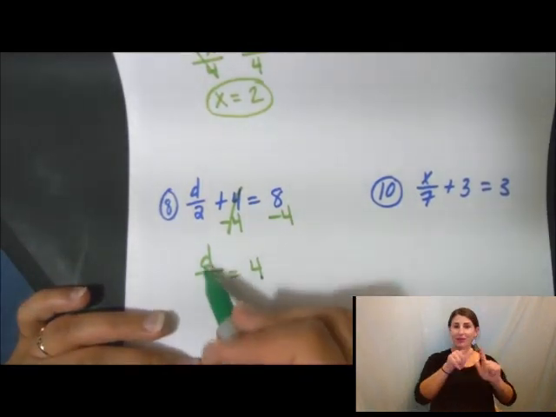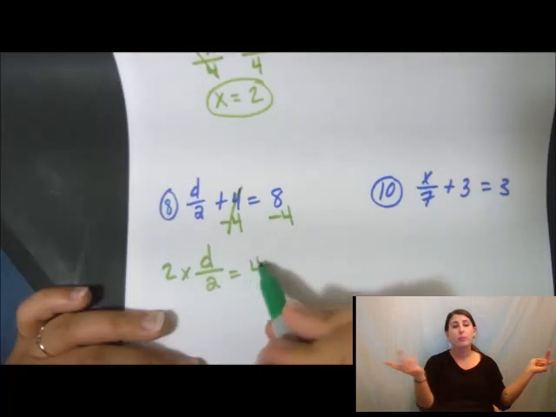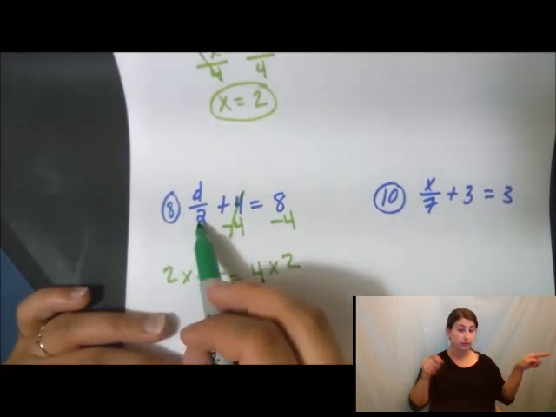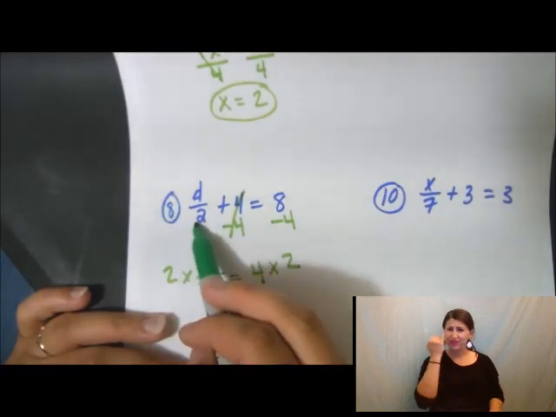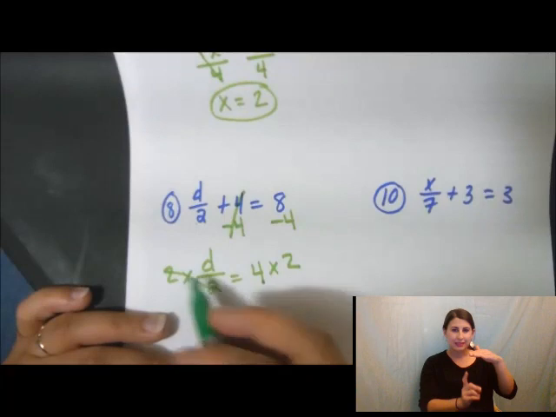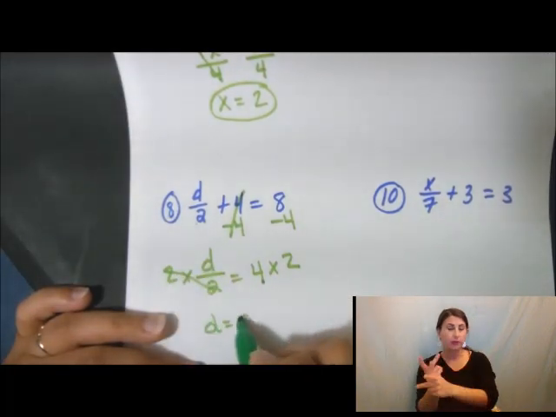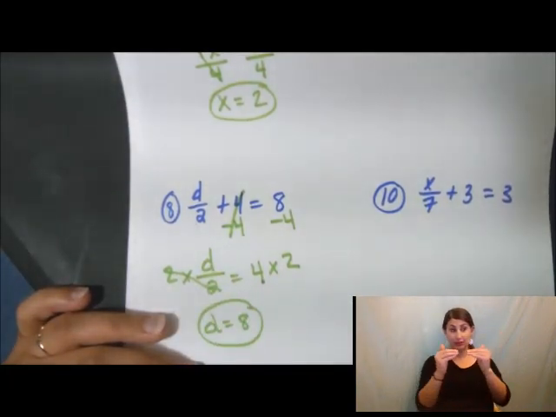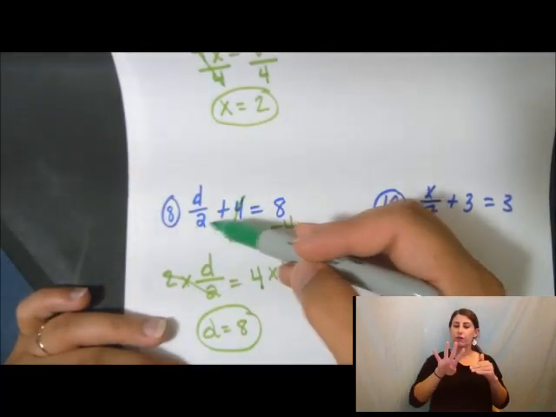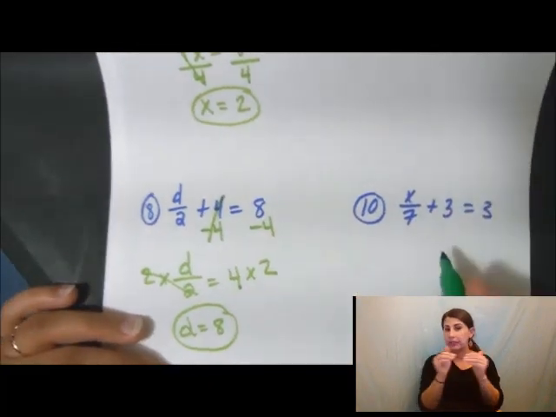All right, but the inverse of division is multiplication, so I'm going to multiply by 2 on both sides. So whenever you have division, just think about multiplying by that same number in the denominator on both sides, always. So that makes 1d equals 8. So if you think about it, 8 divided by 2 is 4. 4 plus 4 does equal 8.